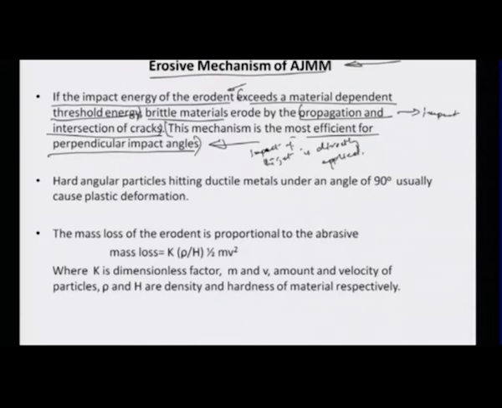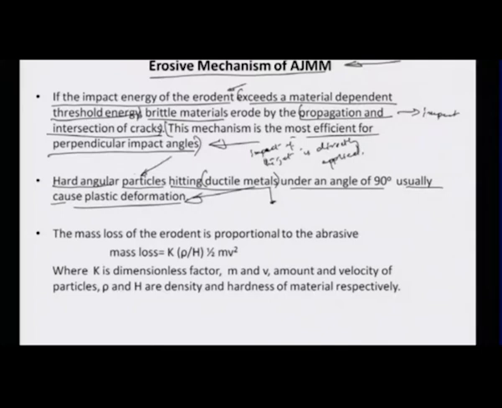And so what happens is that these erodent particles, which are angular in nature, when they hit ductile materials at an angle of 90 degrees, do cause a plastic deformation of the material. Therefore, because the mask is made up of such a material, ductile metals, the plastic deformation of the hard angular abrasive particles is almost certain.